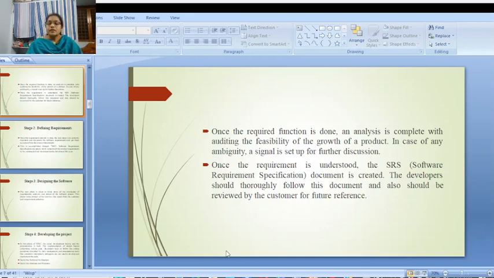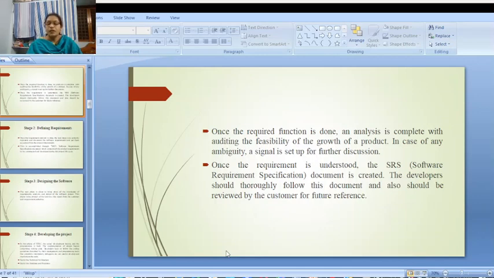So, defining this stage with an example, a client wants an application which involves many transactions, or money transactions. In this case, the requirement has to be precise, like what kind of operations will be done, how it will be done, in which currency it will be done.